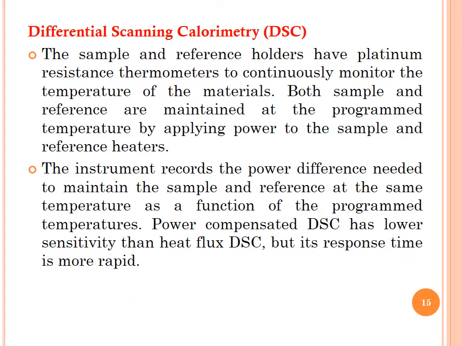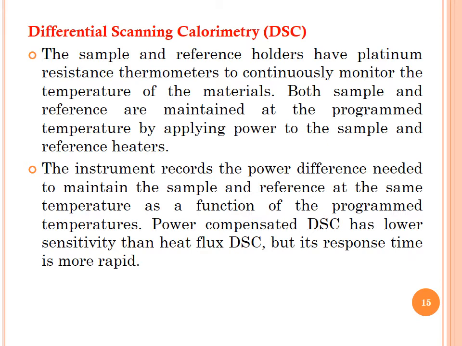In differential scanning calorimetry, the sample and reference holder have platinum resistance thermometers to continuously monitor the temperature of the material. Both sample and reference are maintained at the programmed temperature by applying power to the sample and the reference heaters. The instrument records the power difference needed to maintain the sample and the reference at the same temperature as a function of programmed temperature.